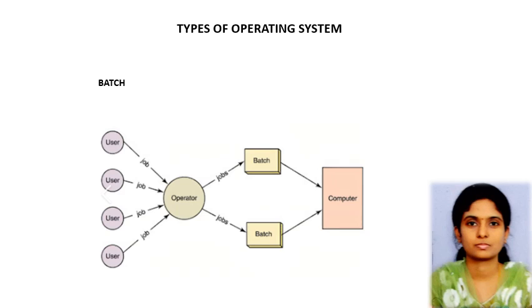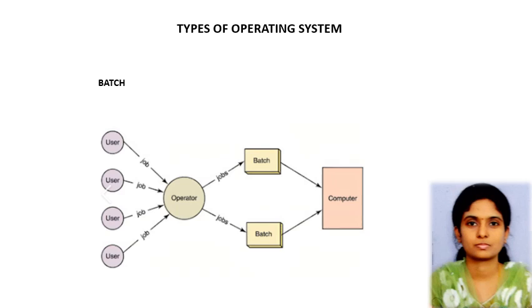Coming to the types of operating system, first is the batch operating system. The first computers used this batch operating system, in which the computers ran batches of jobs without any stop. Here, the programs were punched into cards that were usually copied to tape for processing.